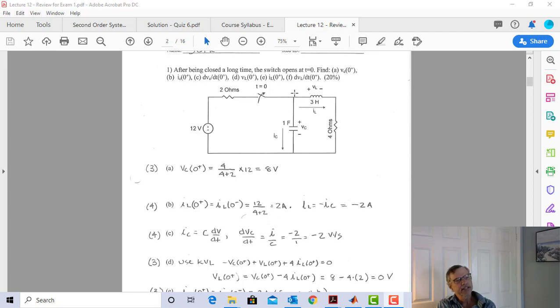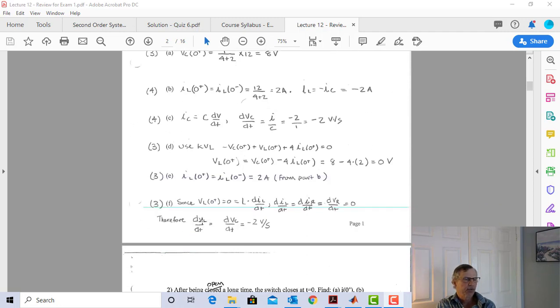What's dV dt going to be here? Well, remember we know that I equals C dV dt for the capacitor. And we know the current in the capacitor is minus 2 volts per second. So on this side, I'm going to have minus 2 volts per second, and on this side, I'm going to have 0. So dVL dt is just equal to dVC dt, is minus 2 volts per second.